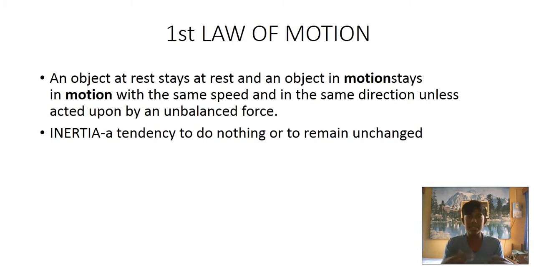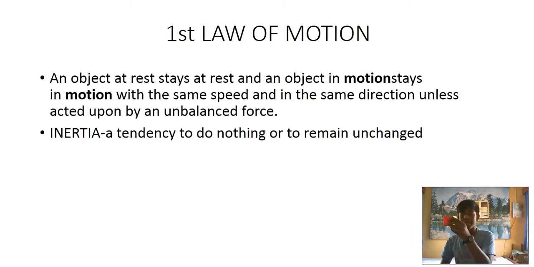I am explaining it. Suppose this is an object, and there is no force in the surroundings, no friction, no air pressure, nothing. Suppose this body is in motion, going this side.